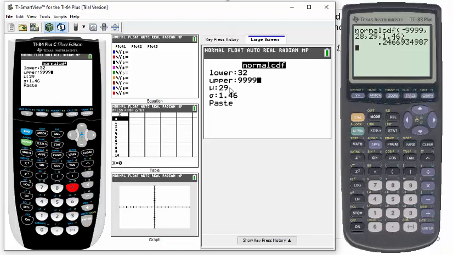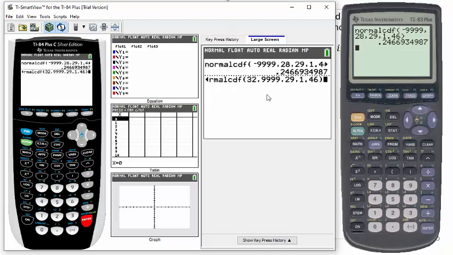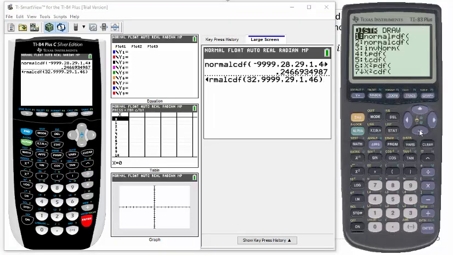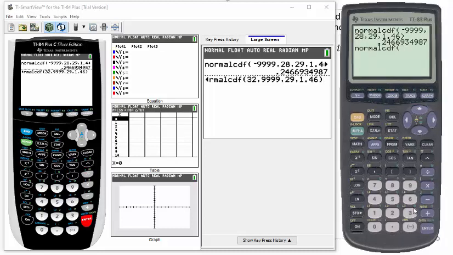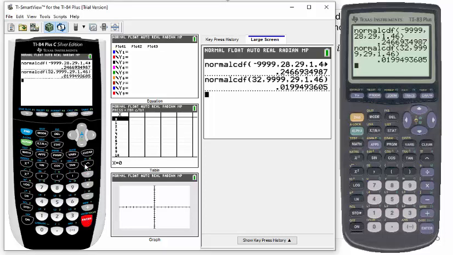The mean and standard error don't change. On the TI-83, the lower is 32, comma, all the way to 9999, comma, 29, comma, 1.46. Close the parentheses, and you get a small number, 0.0199.